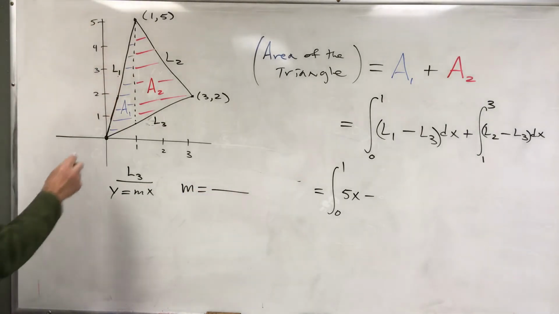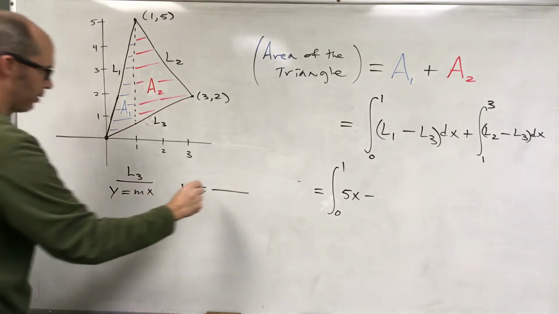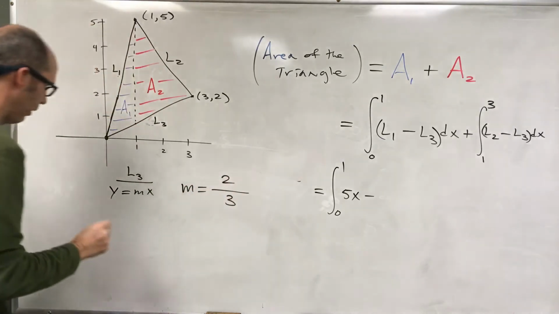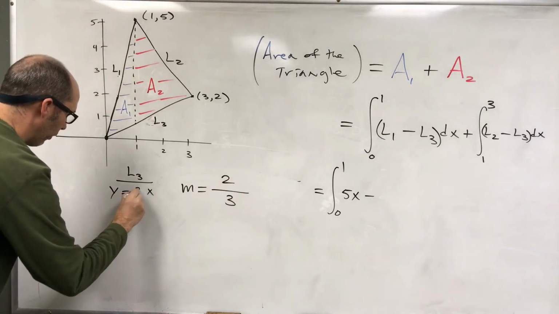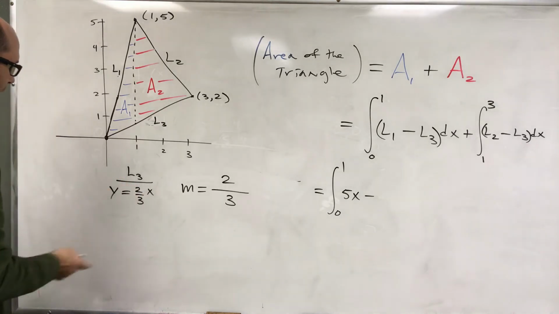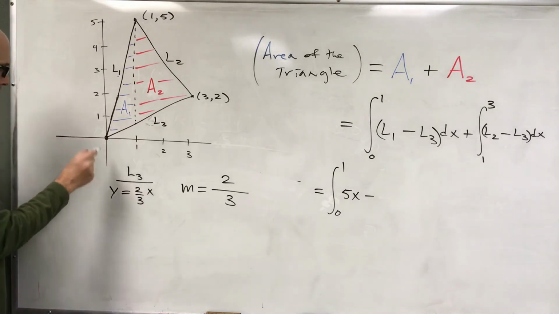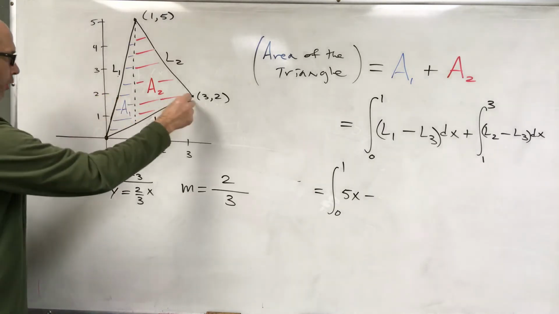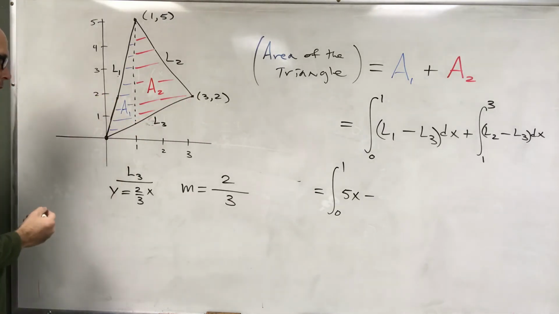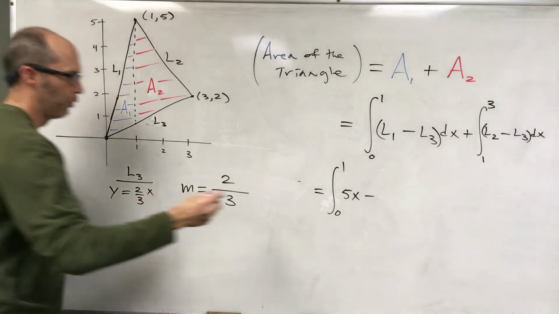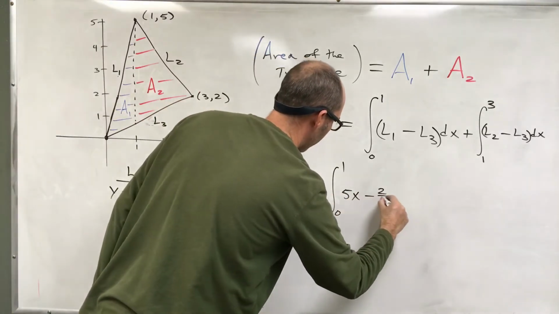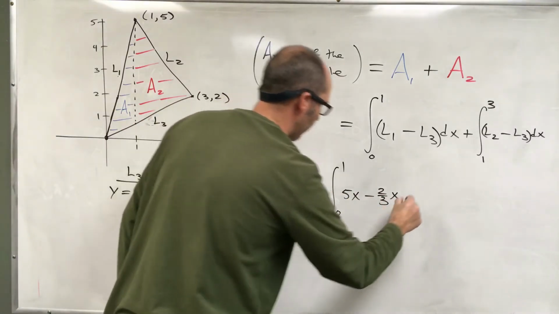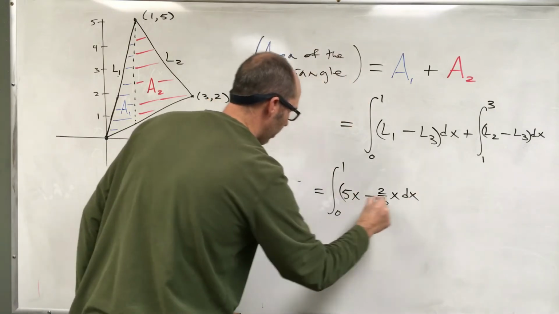The rise is 2, the run is 3, so 2/3. So y equals 2/3 x. And again, you can start at 0 and say, if I went up 2 and over 3, rise 2, run 3, I would get there. So that's 2/3 x dx.